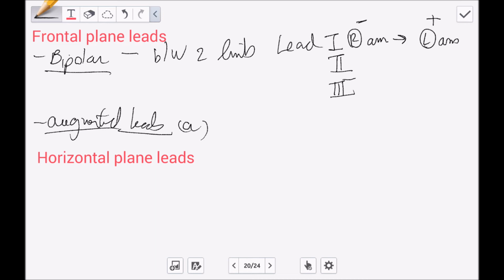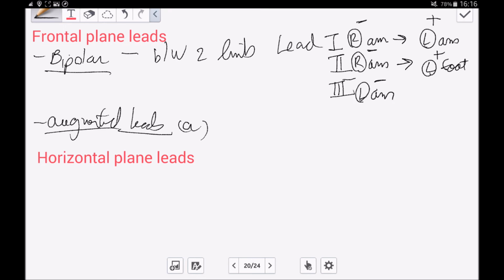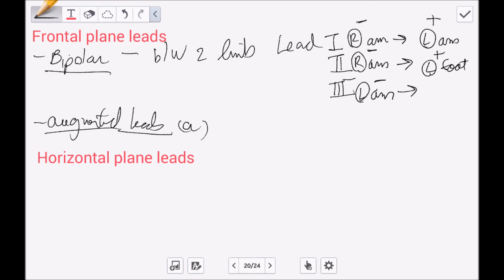Lead 2, we have right arm, which is negative, and is flowing to the left foot, which is positive. And lead 3, we have left arm, which is negative, right? And electricity flows to the left foot, which is positive.